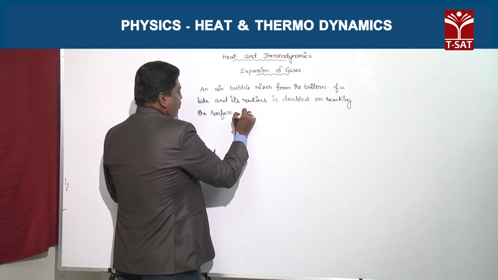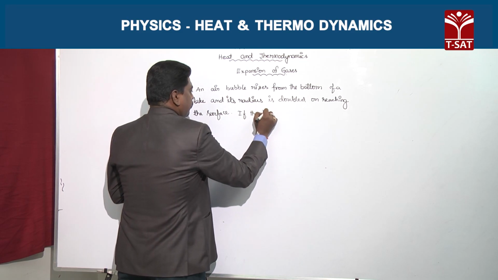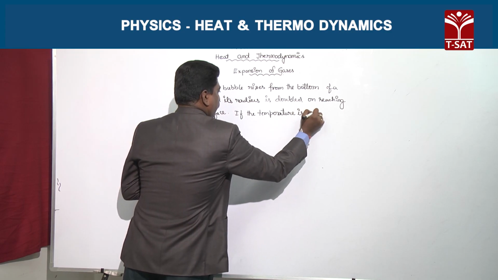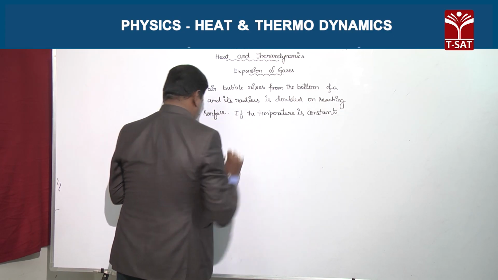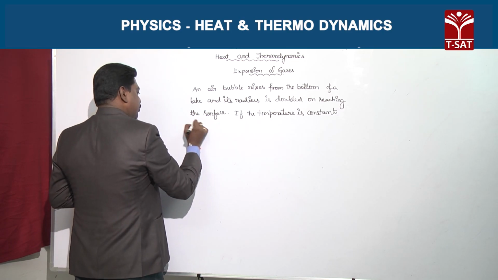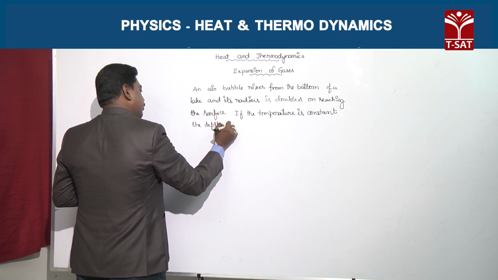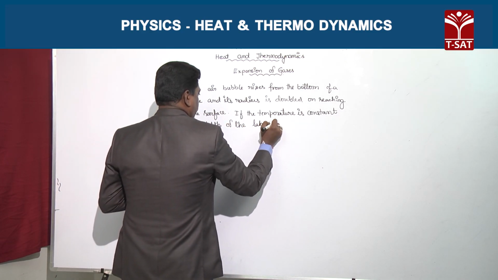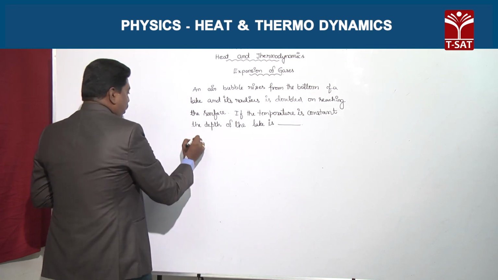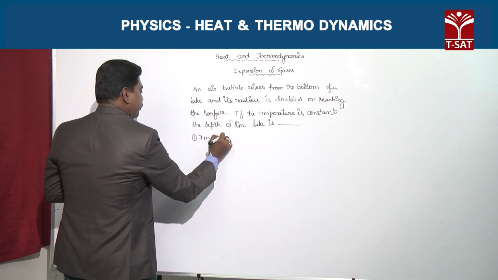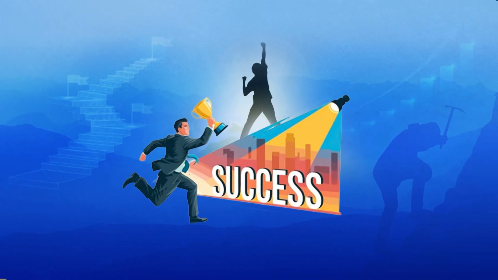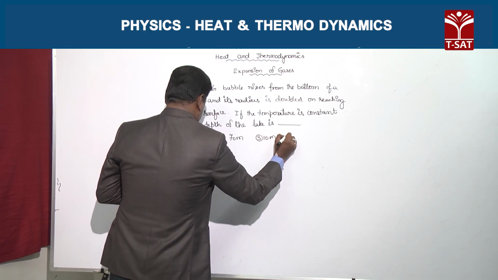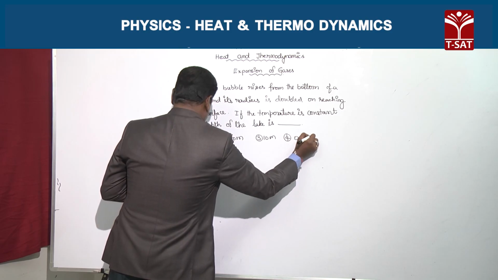If the temperature is constant, the depth of the lake is: the options are 7 meters, 70 meters, 10 meters, and 0.7 meters.